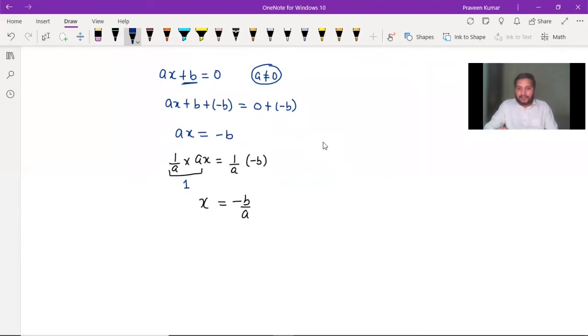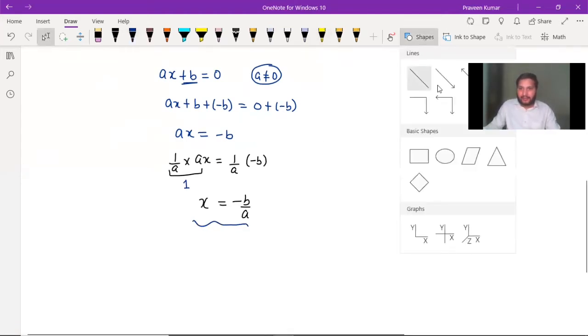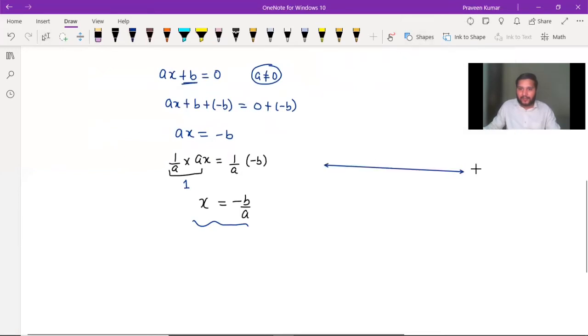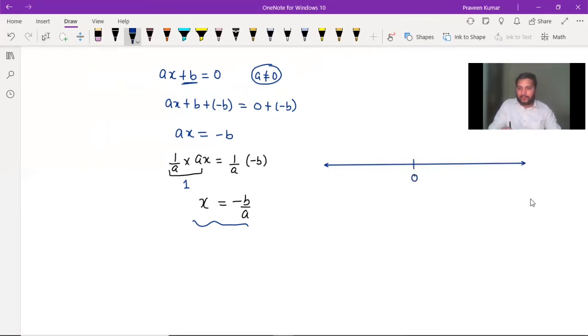Now let us think, can we plot this on the number line? Yes, definitely yes. Let us take a number line. It will look like this. This is the origin, or we can say it is the frame of reference. We will fix a unit distance.